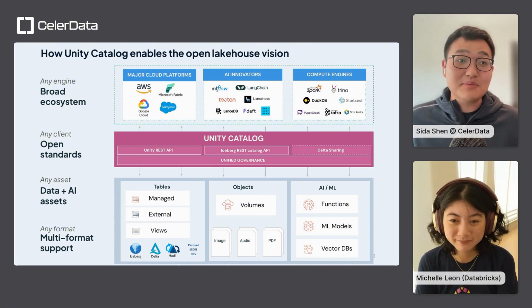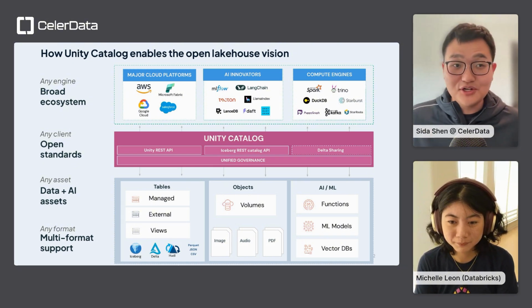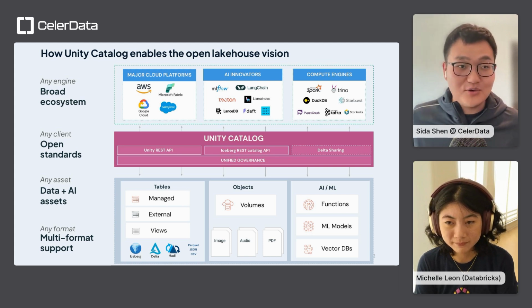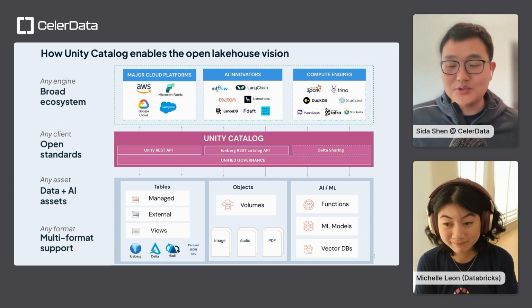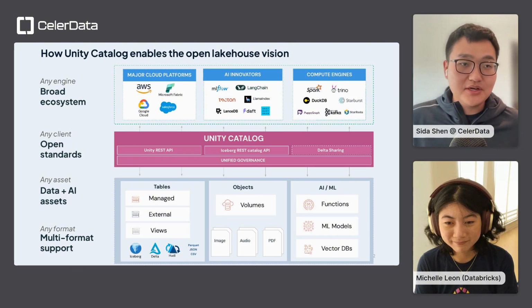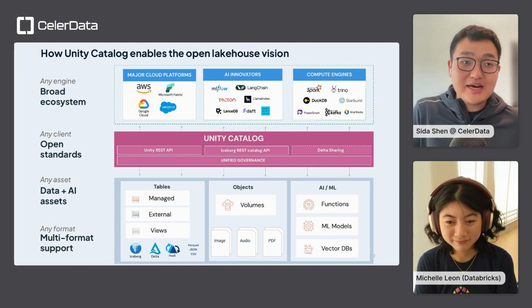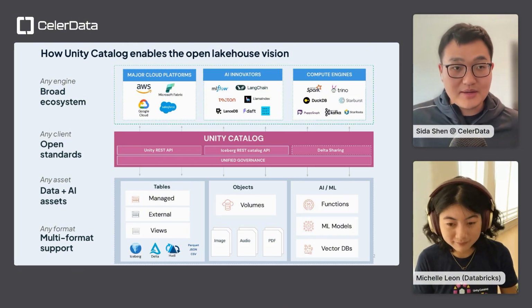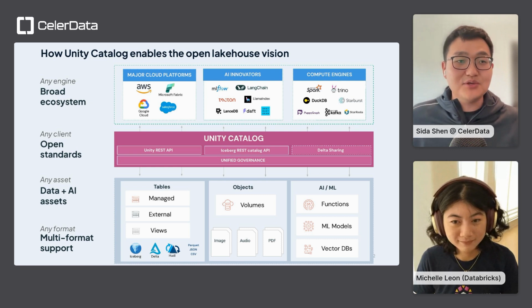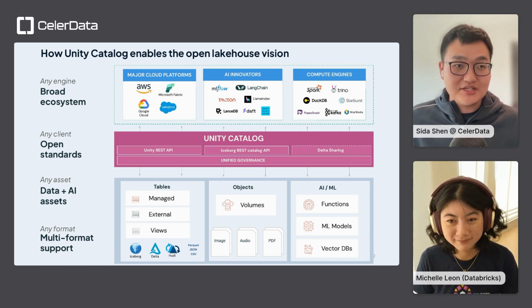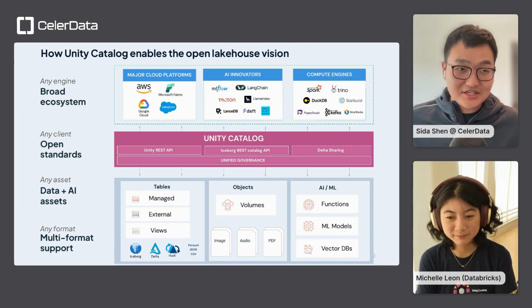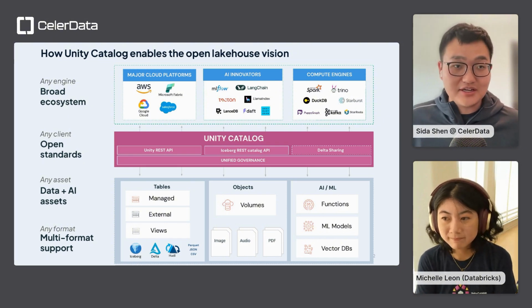Now you can have something like Spark for machine learning and for batch processing jobs that run for hours, the ETL workloads. You can have machine learning applications that also run on that piece of data. And you can have a SQL query engine that specializes in interactive, low-latency, high-concurrency workloads, like CelerData, right?